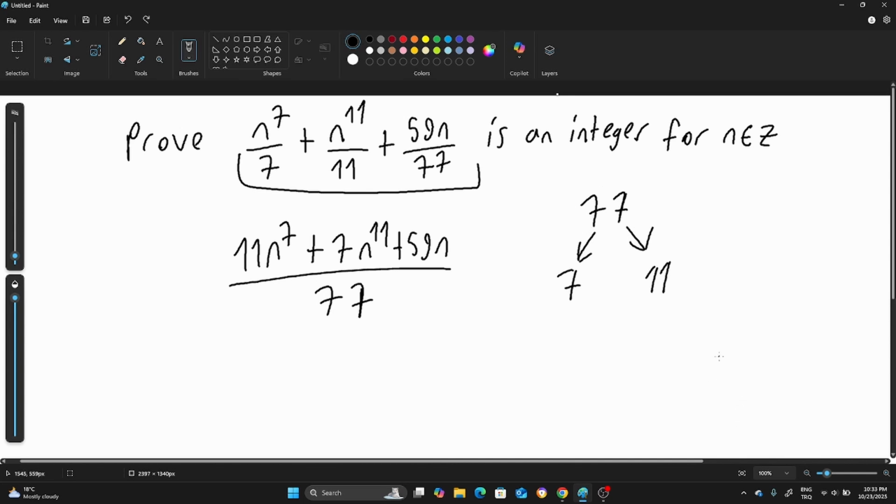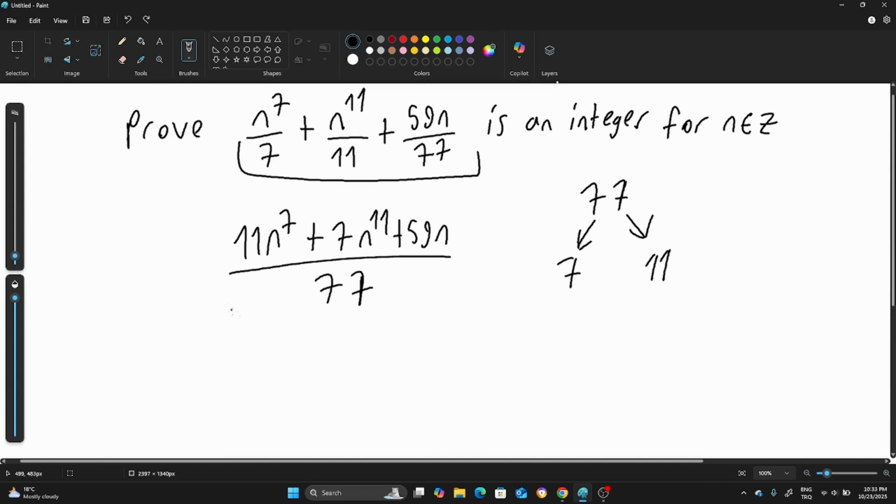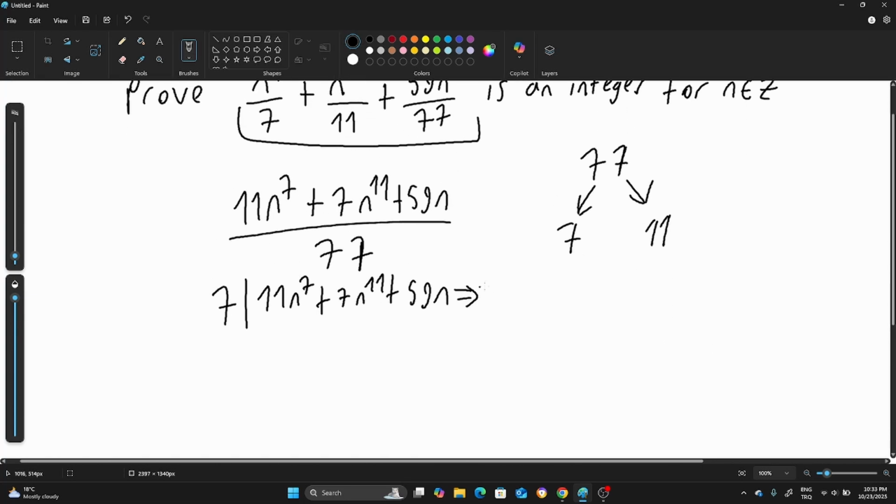And we can then write two different expressions. 7 divides this thing, right? Which we can further expand into saying 7 divides 11n^7 + 59n.